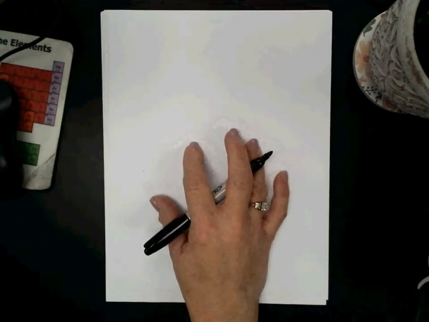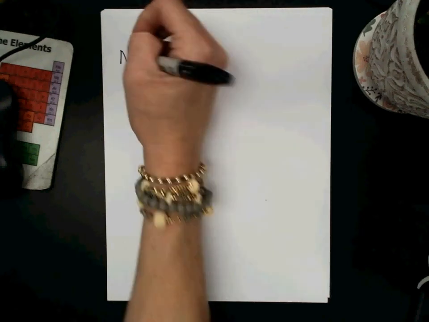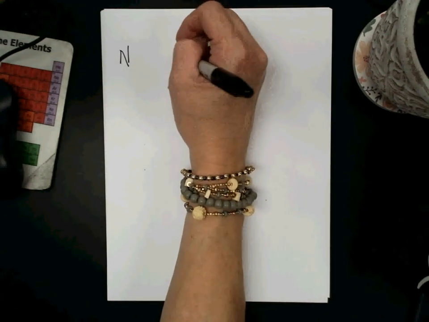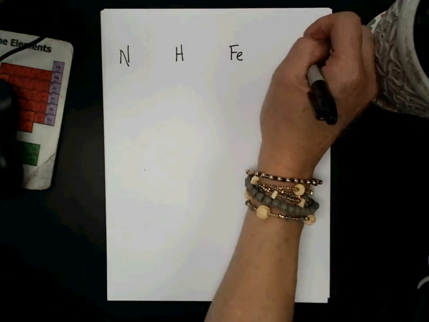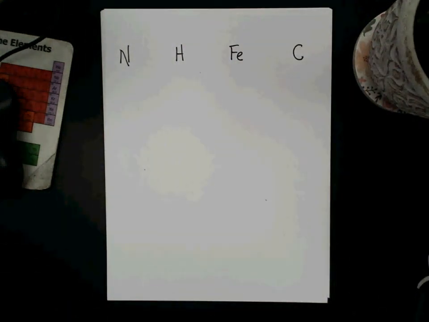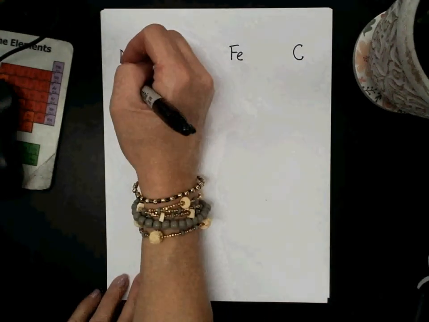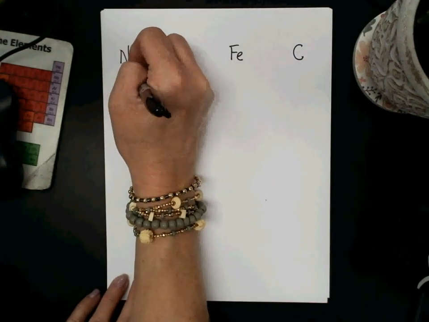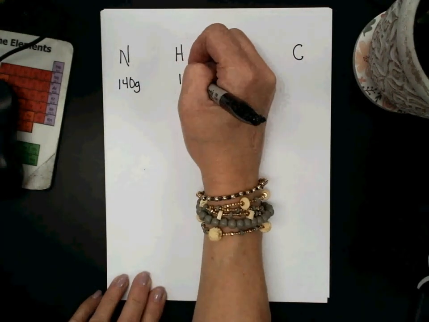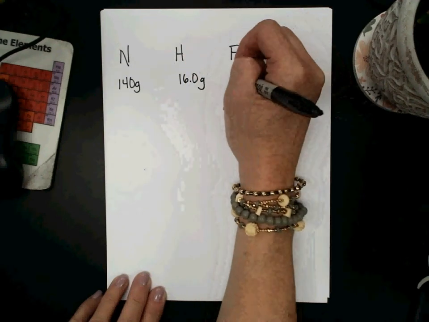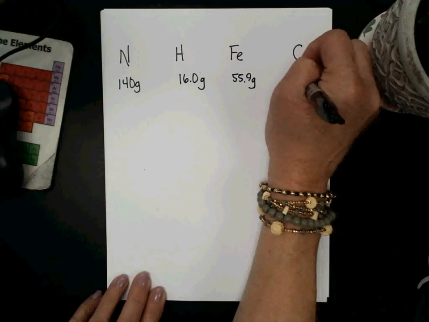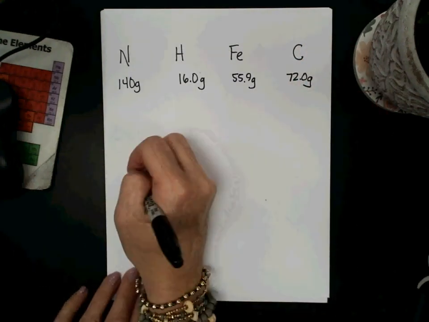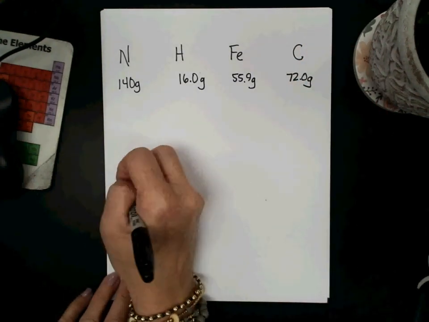And I'm going to move this and we'll carry it over to the next page. I'm going to take each one, and this is the way I want to see it so it's easy to follow. I want N, H, Fe, and C. And then we're going to carry over their masses: 140 grams, 16 grams, 55.9 grams, and 72.0 grams.